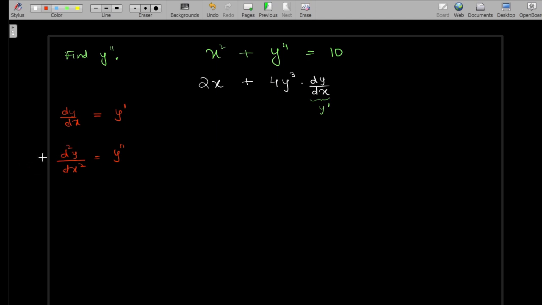It is read as d2y over dx square. So this means that we are differentiating y with respect to x two times. So instead of dy over dx, I will write y prime, and derivative of 10 will be 0.